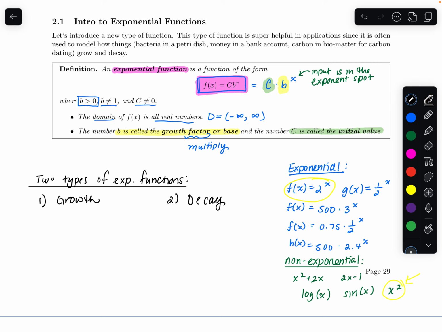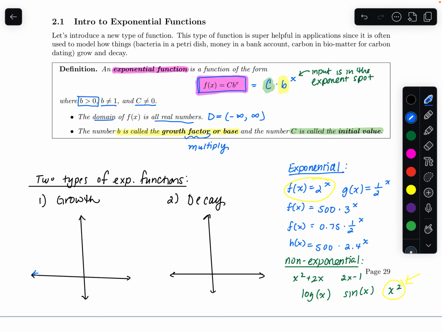And so now that we know what is and what isn't an exponential, let's talk about their graphs, what they look like. Let's talk about these two types before we jump in. We have our two types, growth and decay. They can be identified both algebraically and from the graph. Let's draw the graph first. Remember, we read all graphs from left to right.